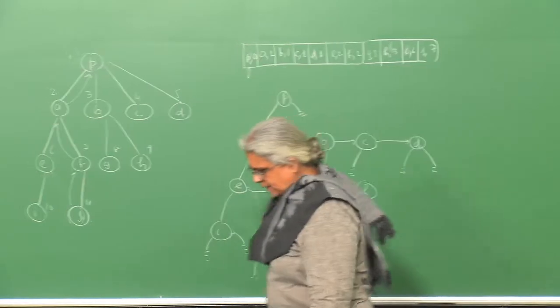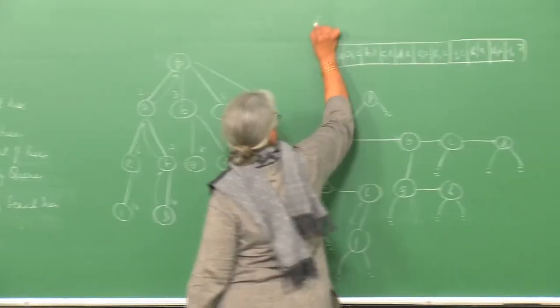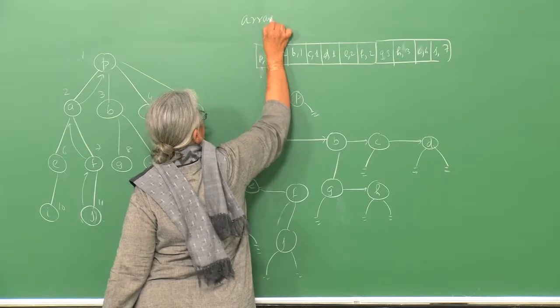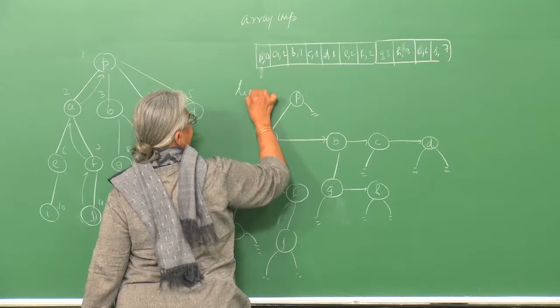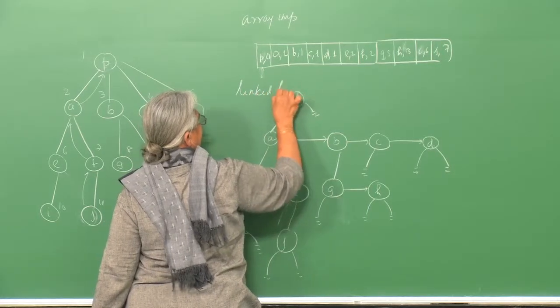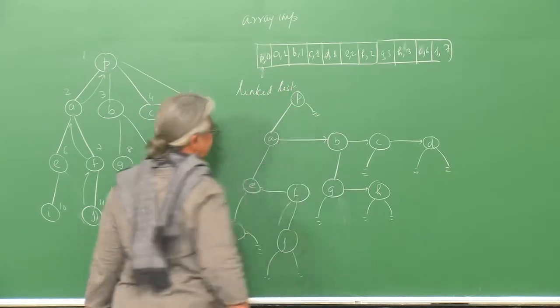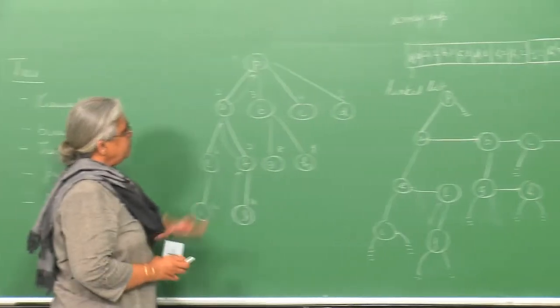What I am storing here, this is an array implementation, and this is a linked list implementation. What is a linked list now? It is a recursive data structure. What is the problem with this tree?